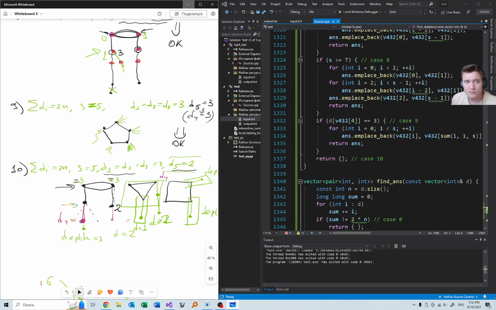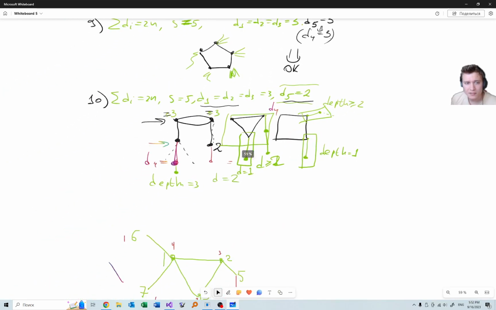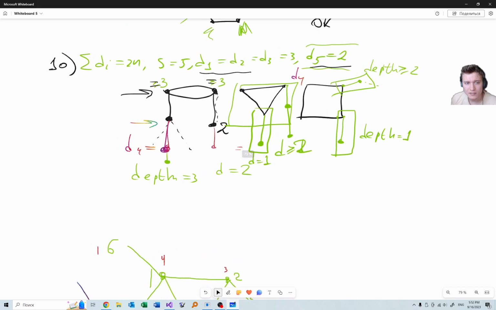But the last one is 2. Can an error be here? I don't think an error can be here. Can it be here?